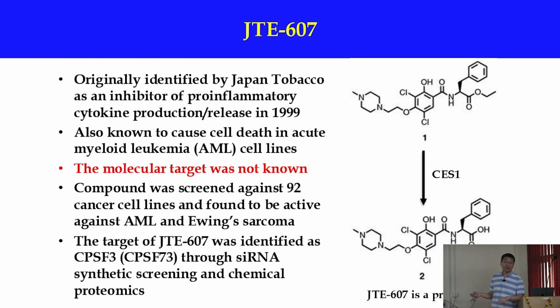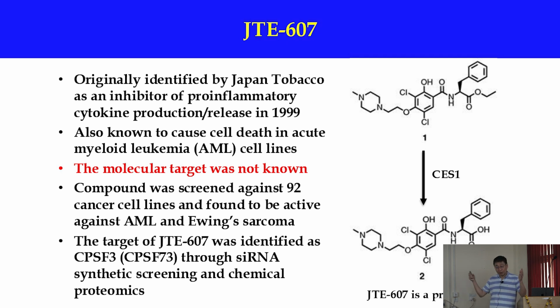It came from even before that, from 1999. It came from this compound called JTE607. That was discovered by Japan Tobacco, JT, in 1999 as an anti-inflammatory agent. I know because back in the 1990s, I was working on anti-inflammatories myself.